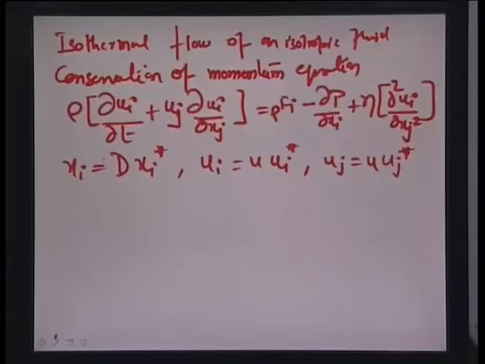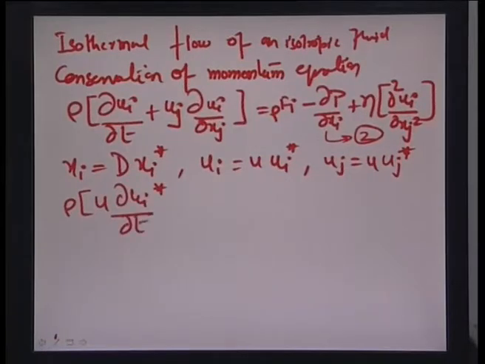Just substituting this back into the equation, let us say this equation was equation number 2, we are left with rho times u del ui star by del t. We have not yet changed the time dimension; we will do that in the next step. Plus u square by d times uj star of del ui star by del xj star.